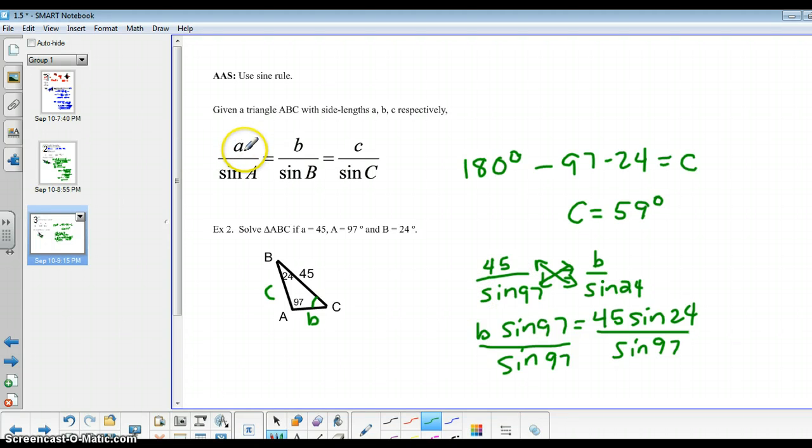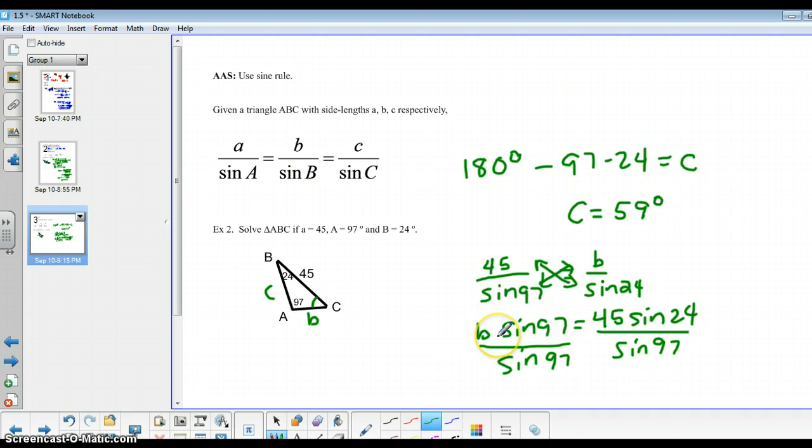Then we'll use our relationship of A over sine of A equals B over sine B, and we'll plug in 45 over sine of 97 and B over sine of 24. From here, I'm going to really stress that you use cross multiplication to isolate your B, then divide by what you need to isolate B. So first with cross multiplication, we'll have B sine 97 equals 45 times sine 24.